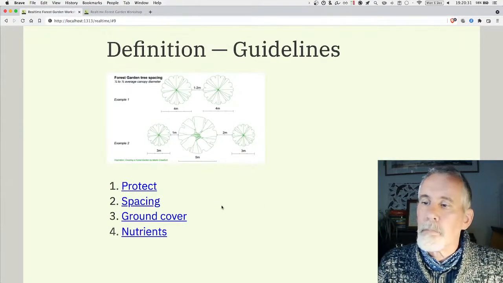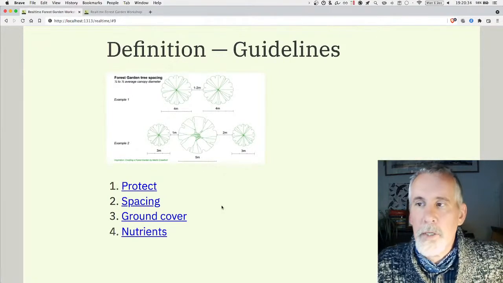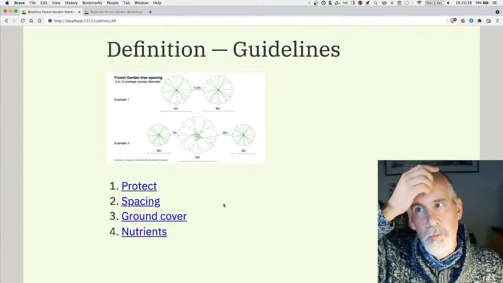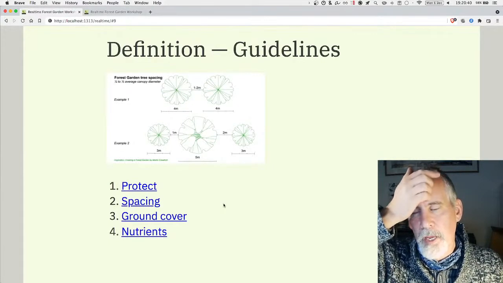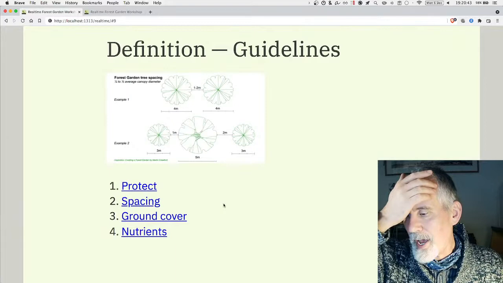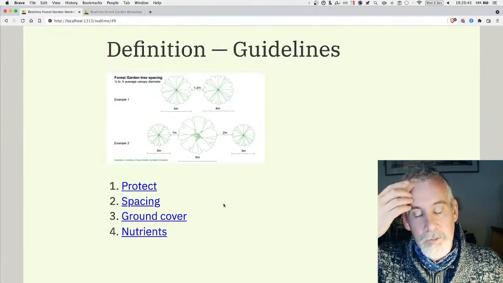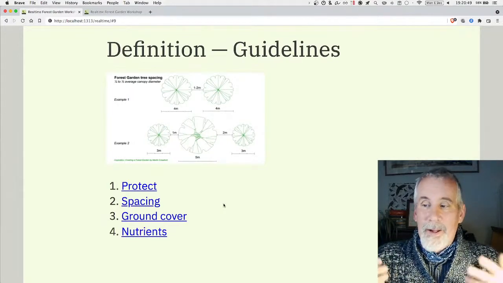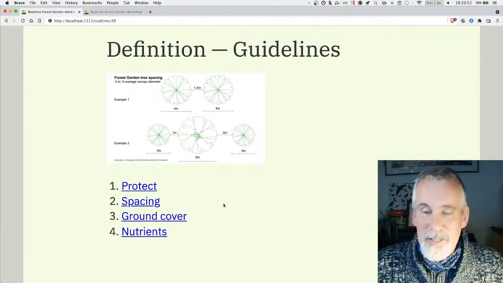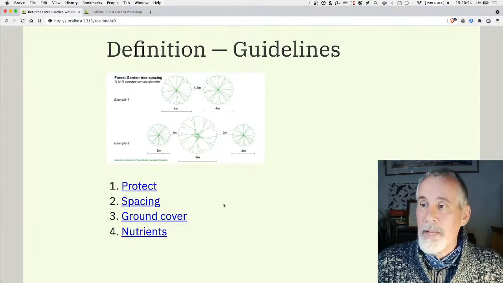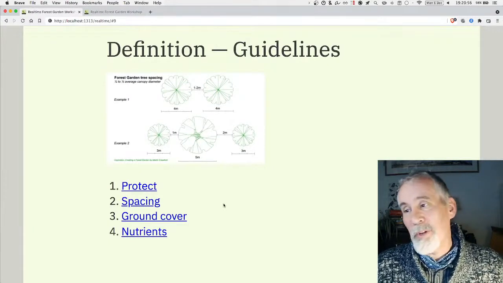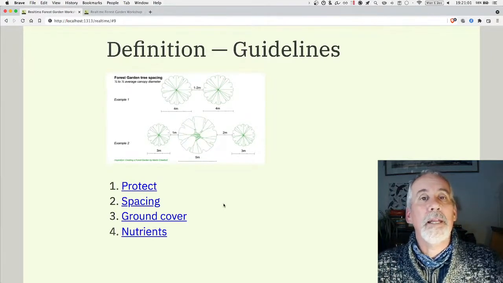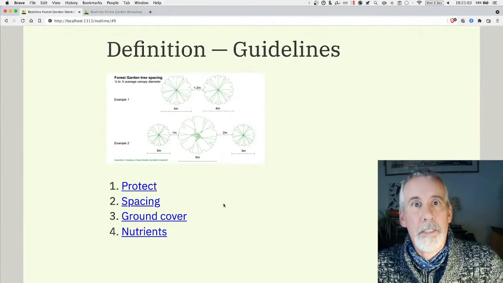And then finally, nutrients. Make sure that you've got plants for nutrients. Nitrogen and potassium are the two main nutrients. Well, NPK: nitrogen, phosphorus, and potassium. Nitrogen is provided by nitrogen-fixing plants such as alders and members of the pea family and sea buckthorn and autumn olive, and there's a range of them, but you want to have plants that do that so that they fix nitrogen and release nitrogen into the garden.